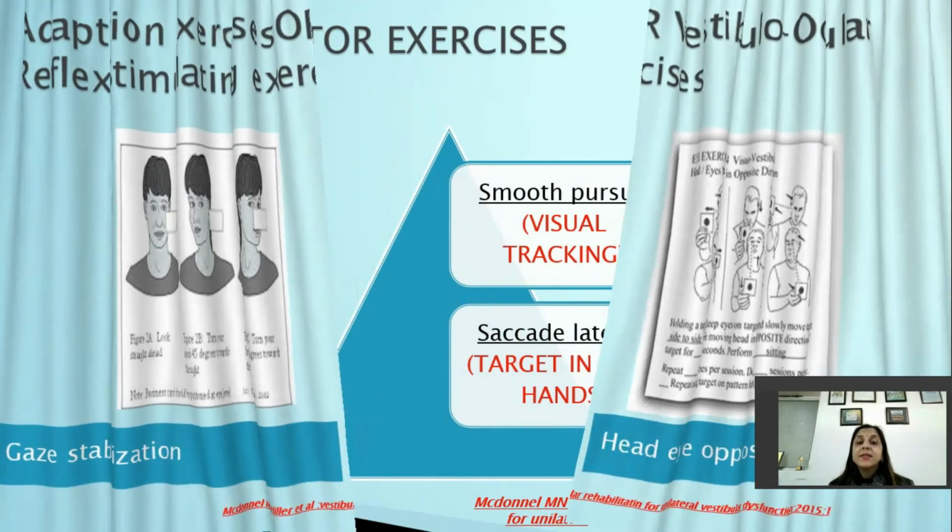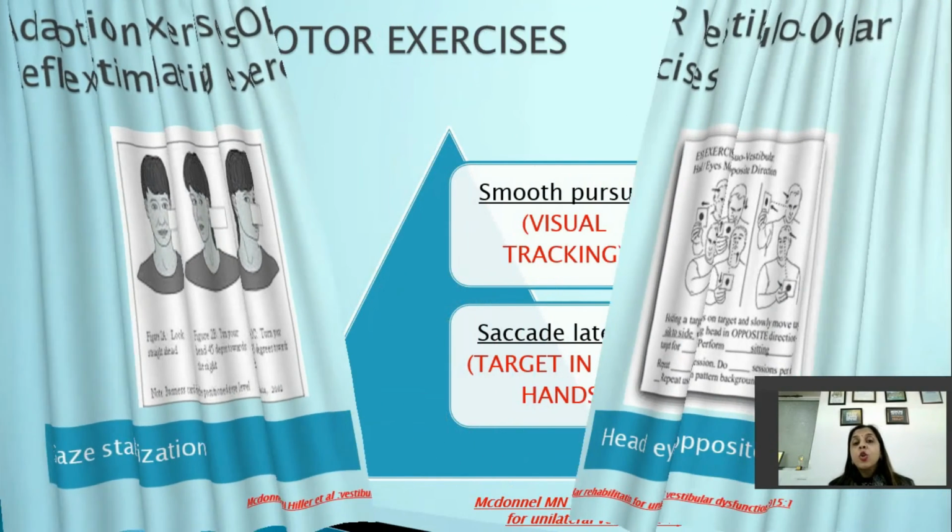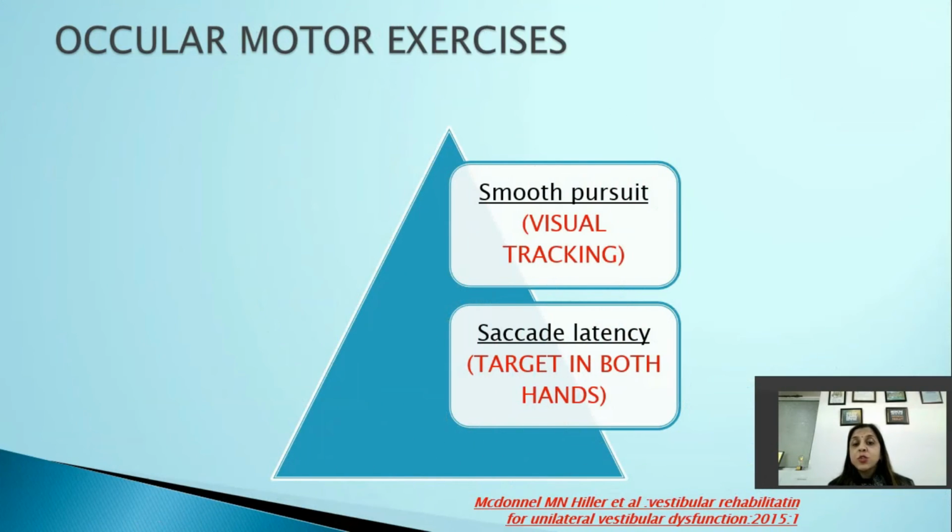Now the next exercises are oculomotor exercises, that are smooth pursuit and saccade latency. Smooth pursuit is nothing but visual tracking exercises, and when we advance these visual tracking exercises, we shift the patient to saccade latency to increase the speed of the exercise.